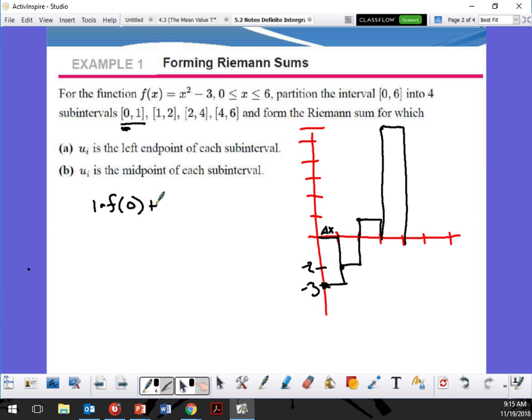So the next one, what's my delta x again? 1, right? So it's going to be 1 times f of, what is the left endpoint here? 1. Plus, what is my delta x here?